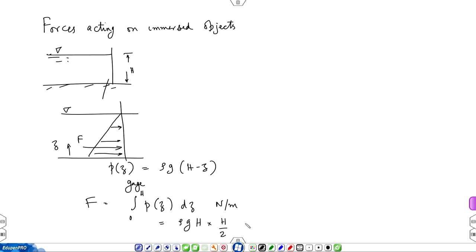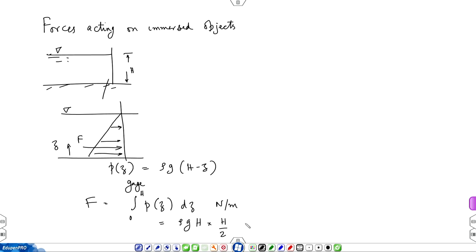So, this is how you find the force acting on the surface. That is, you consider a small element dz, and the force acting on the small element is p(z) dz, integrate over the entire surface.